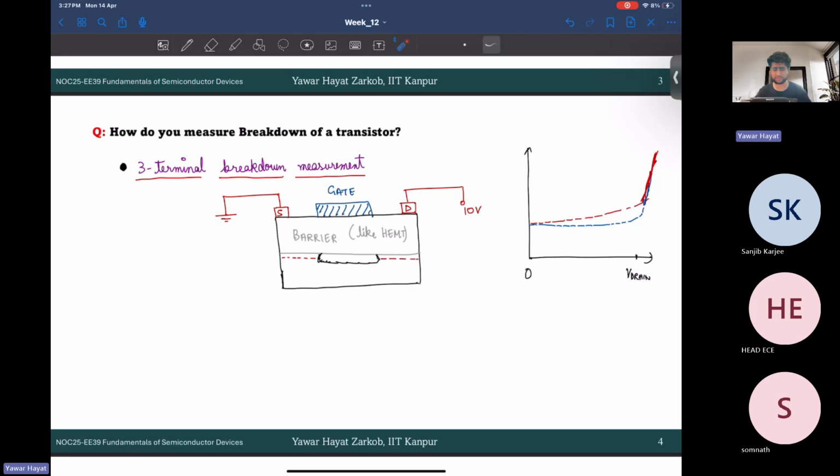The name comes from the measuring technique. This is a three-terminal breakdown measuring technique. Suppose you get 100 volts at which this current flows up. Then you would record that voltage, and that would be your three-terminal breakdown voltage.